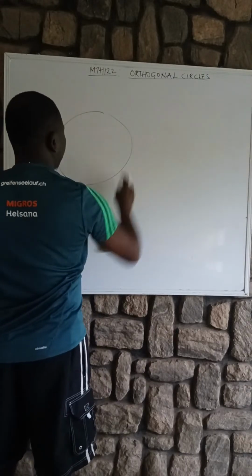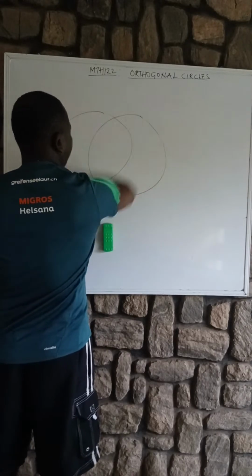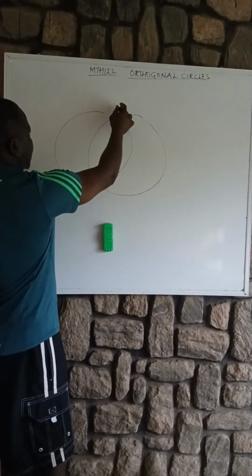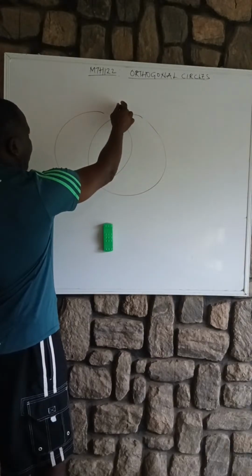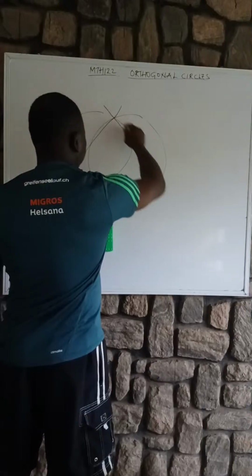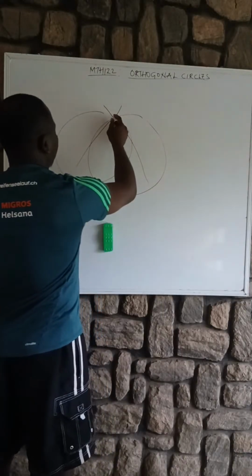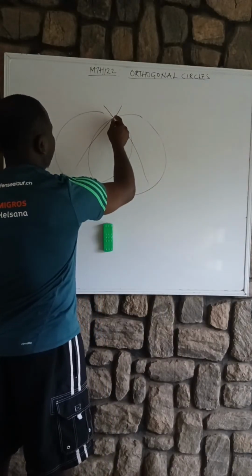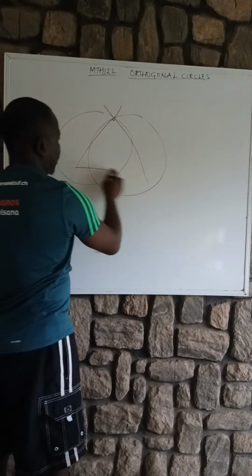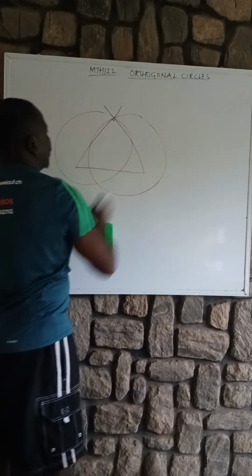It's a circle, we assume not perfect. So let us have a right angle. You can now see their intersection. Look at it here.